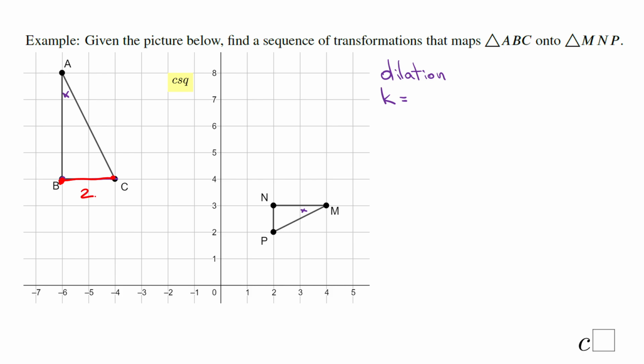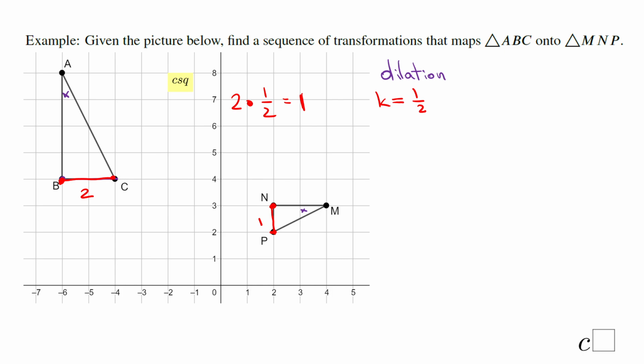The corresponding one will be NP, which is 1 unit long. 2 times what is 1, and that will be 1/2. Ladies and gentlemen, that is the scale factor. The scale factor K is 1/2. The dilation is a reduction, and the scale factor is 1/2. Easy to see it in the picture.